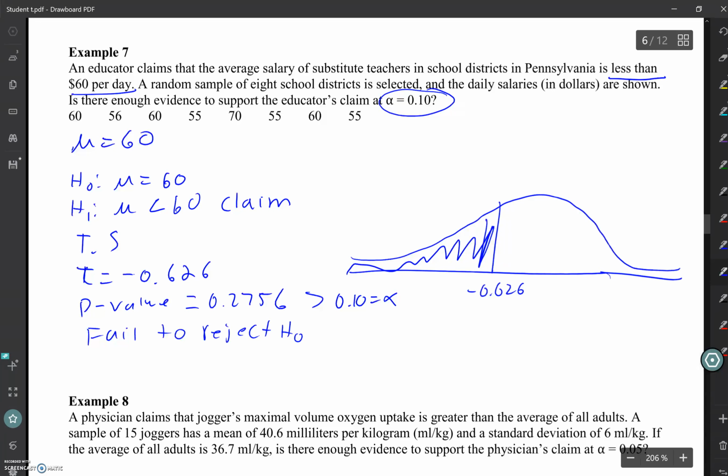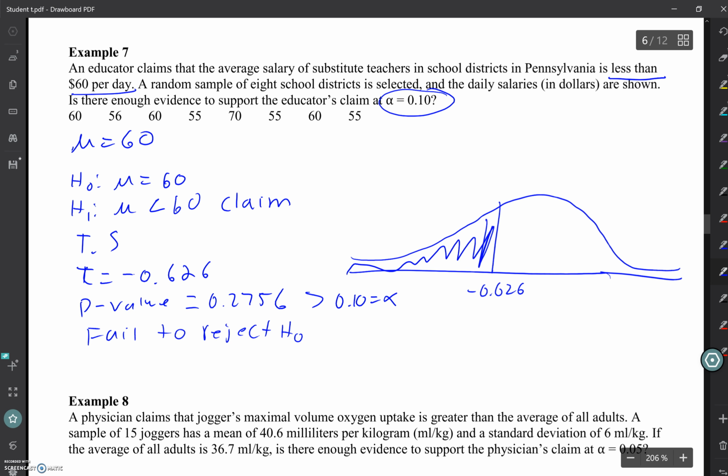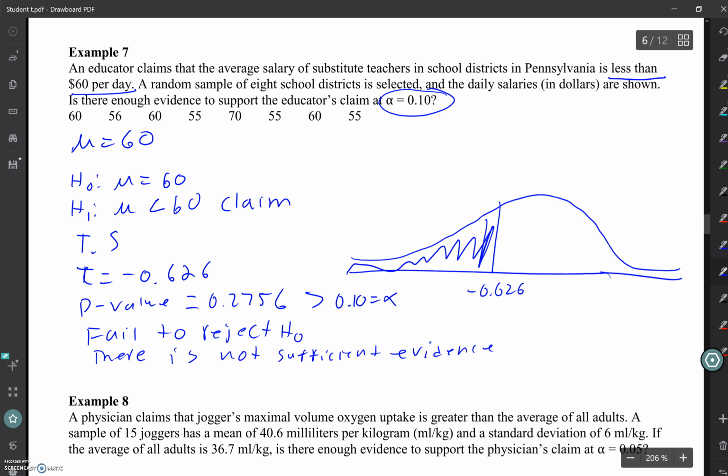So what does that tell me as far as my conclusion for this? Is there evidence or not evidence? There is not sufficient evidence. And what are we doing? Are we supporting, not supporting, rejecting? So it would be support.